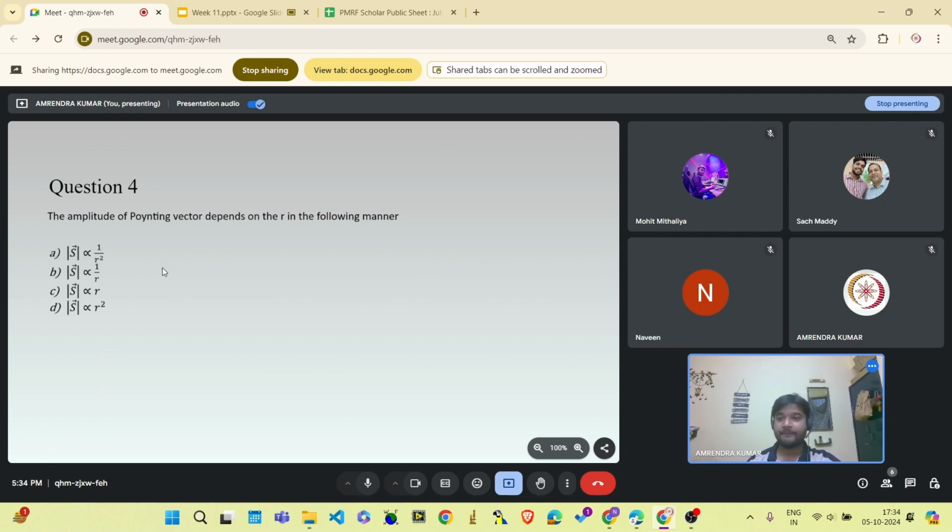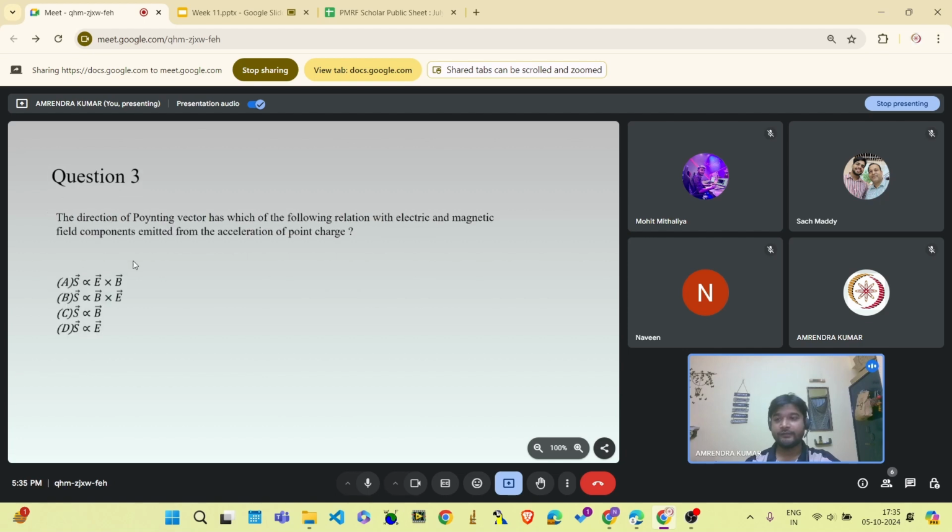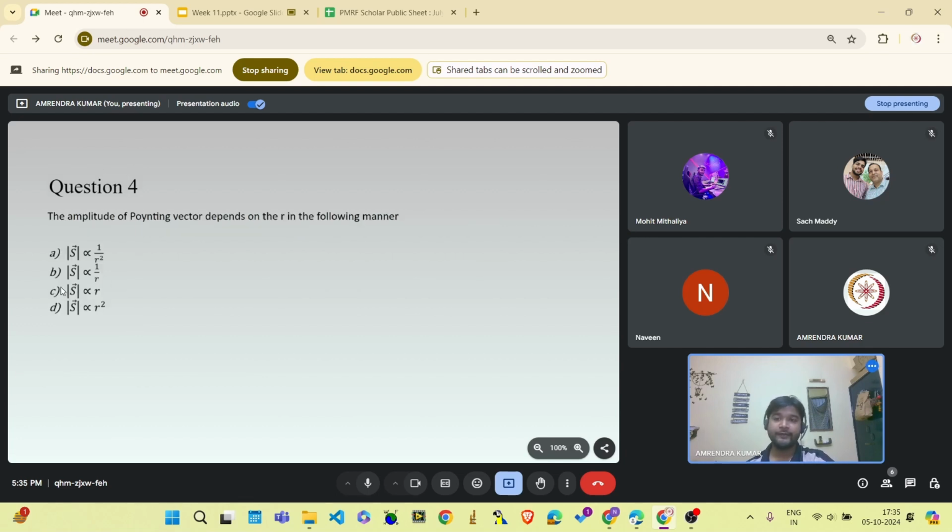For the time being, this S vector is proportional to 1 over r square, because you can see S is proportional to E and also B. So if we guess that E is proportional to 1 over r and B is proportional to 1 over r, then the amplitude of the pointing vector of this emitted radiation will be proportional to 1 over r square.